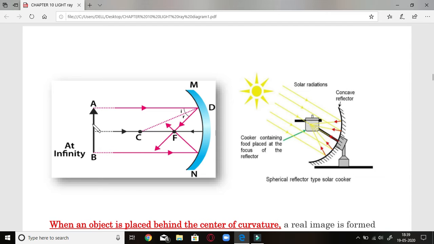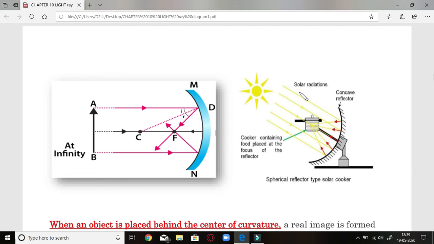Let us see the first one, where we have kept our object at infinity. Now look at the real diagram in which the object is placed just like the sun, which is at infinity, very far off from us. Light is coming from it, and after coming up to us, all the rays become parallel.